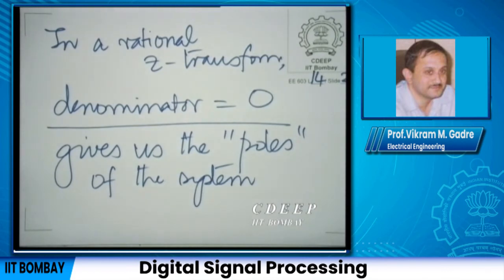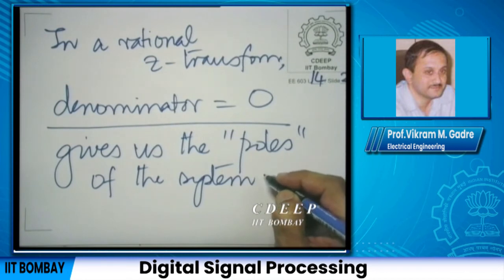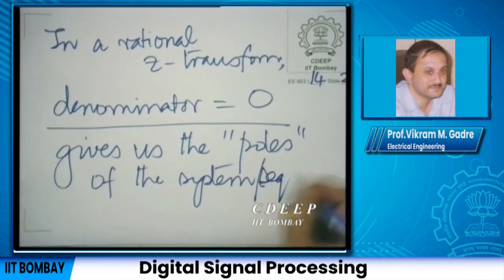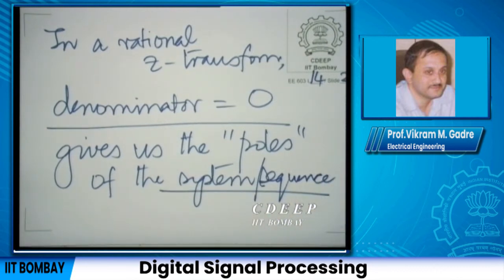We will explain in a minute why they are called the poles. Well, I should not call it the system necessarily, system or sequence, as the case may be. We say system if that rational Z transform is the Z transform of the impulse response, and we say sequence if we are talking about the Z transform of a sequence.